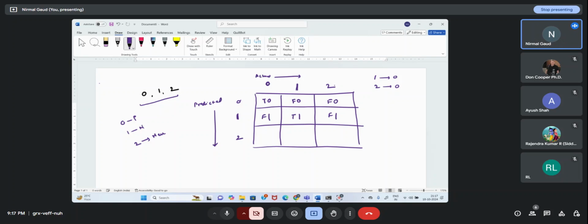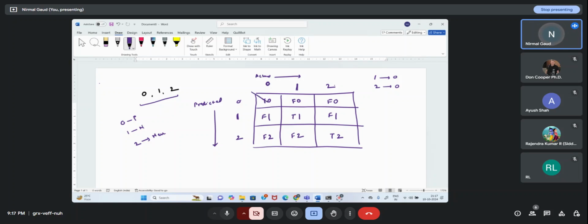But remember, this false 1 and this false 1 have a different context, just like I explained here. Now actual is 0, predicted is 2, false 2. This is also false 2, and this is true 2.